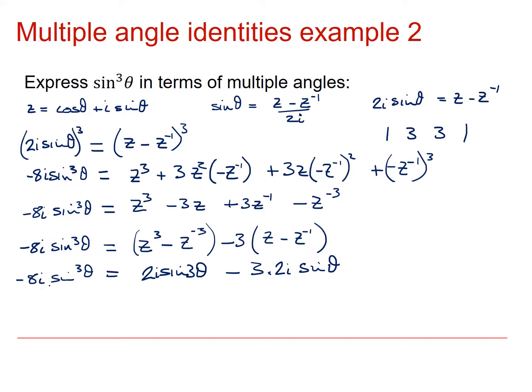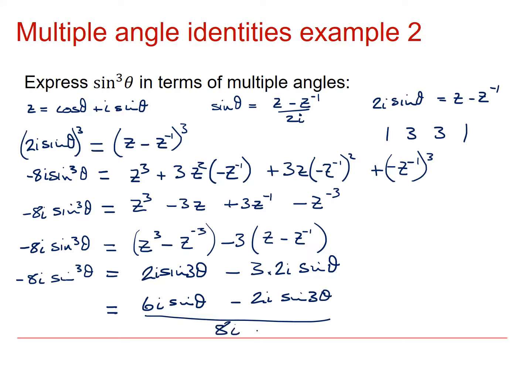So dividing through by my minus 8i, well, the minus sign is going to have the effect of reversing this, and I'm then going to have the 8i on the bottom, so I'm going to get 6i sine theta minus 2i sine 3 theta, and that's all over 8i.